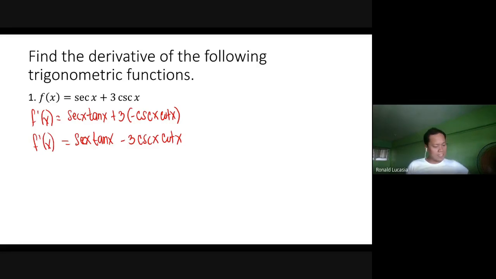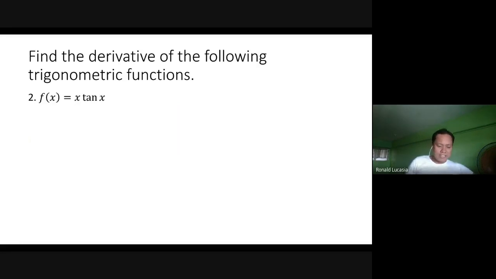Sige, isa pang try. Kasi siyam yan. Here. Find the derivative of the function x tangent x. We'll still be using the product rule here for the derivative, the quotient rule, as well as yung mga ibang properties, it's not properties, but laws of the derivative.